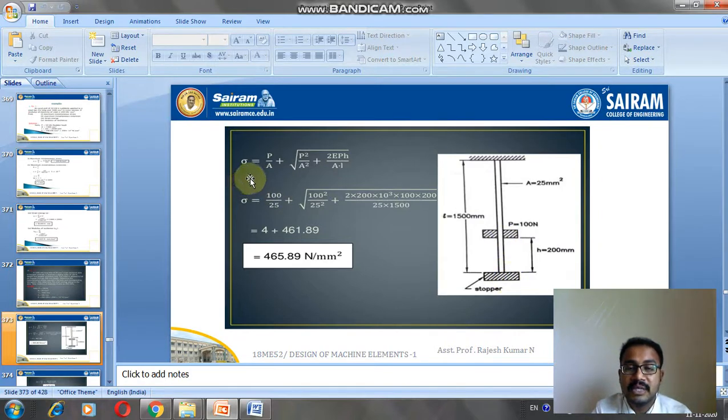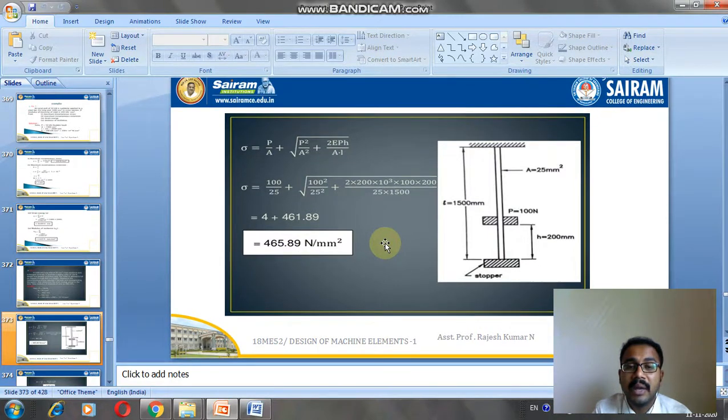So the formula is sigma impact stress is equal to P by A plus square root of P square by A square plus 2EPH divided by AL. So I know all the values: load, area, falling height, length. If I substitute everything in this equation, finally I'll be getting sigma impact stress value as 465.89 Newton per mm square.